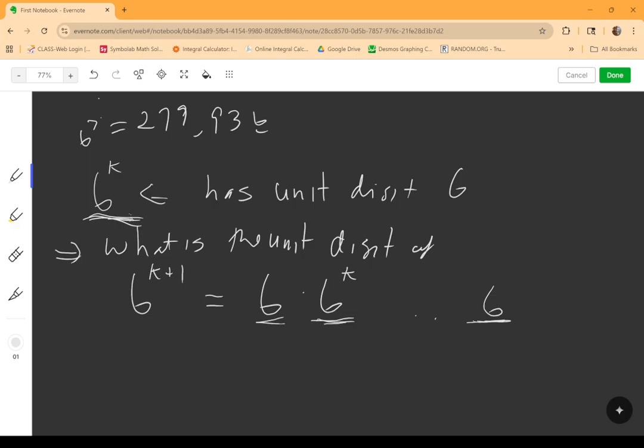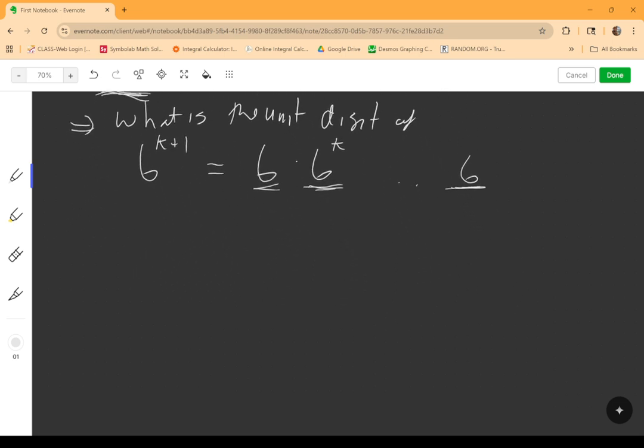Now, there are some things we need to clarify. What we're doing is a type of recursive reasoning.